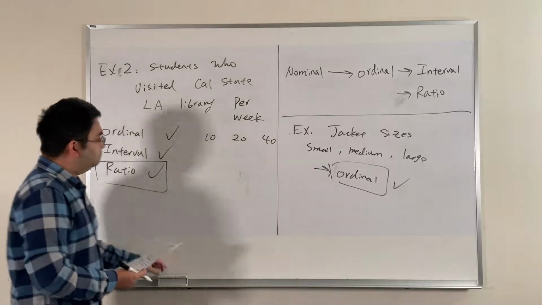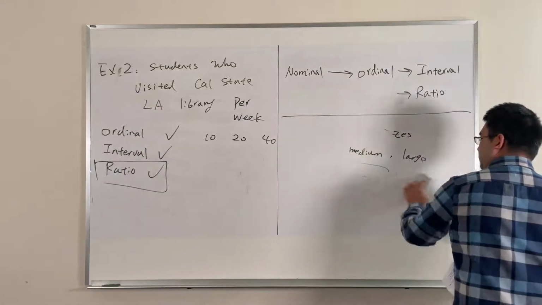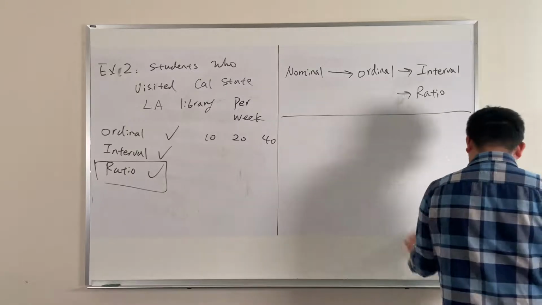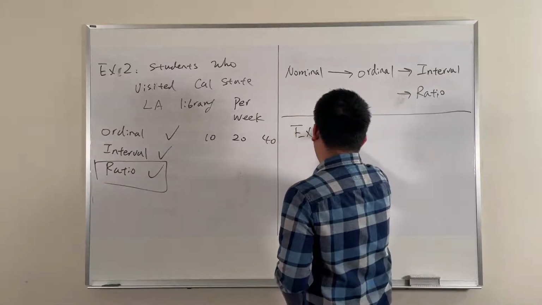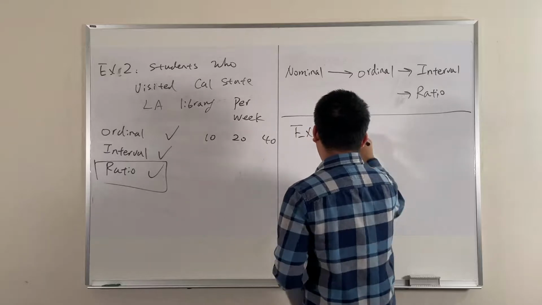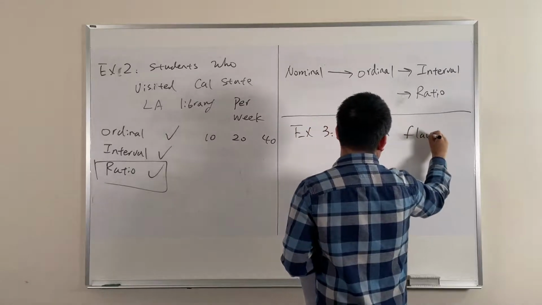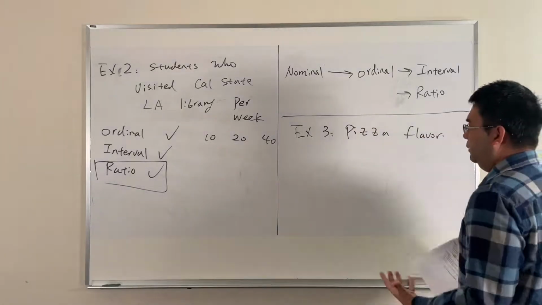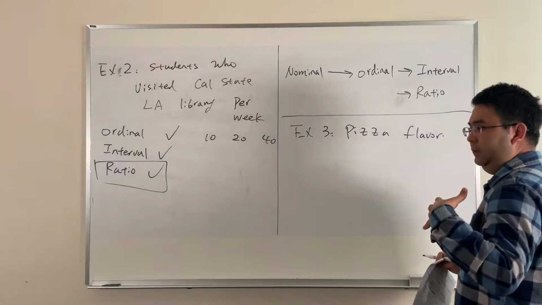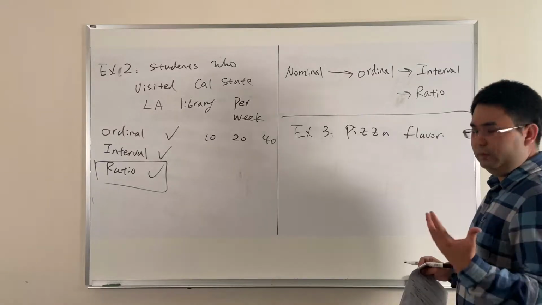And lastly, let me give you one more example here. Pizza flavor. What type of pizza do you like? Someone likes pepperoni, someone likes barbecue. Different people like different pizzas.